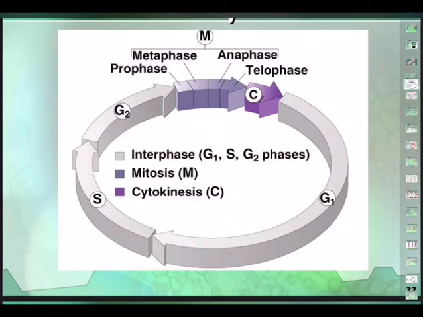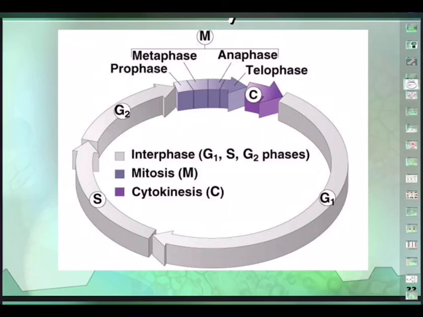And the interphase is a metabolically active stage. As I said, it was wrongly interpreted in olden days that interphase is a resting phase. But the latest research shows that it is not the resting phase, rather it is a preparatory phase for the possible division of the cell. Hence, interphase is a very metabolically active stage. And it is divided into three phases as we discussed, leaving out the G0 phase.